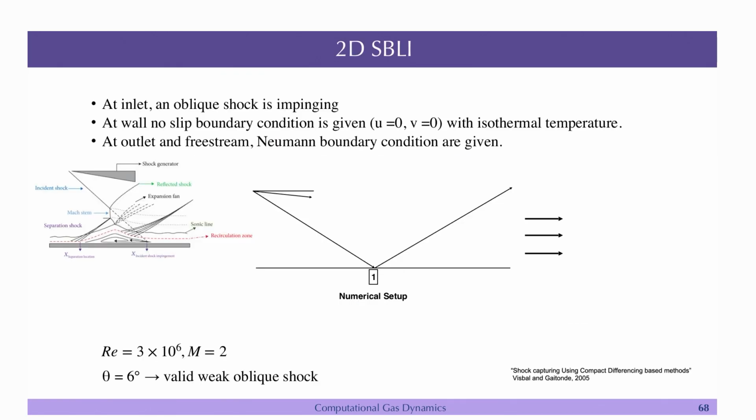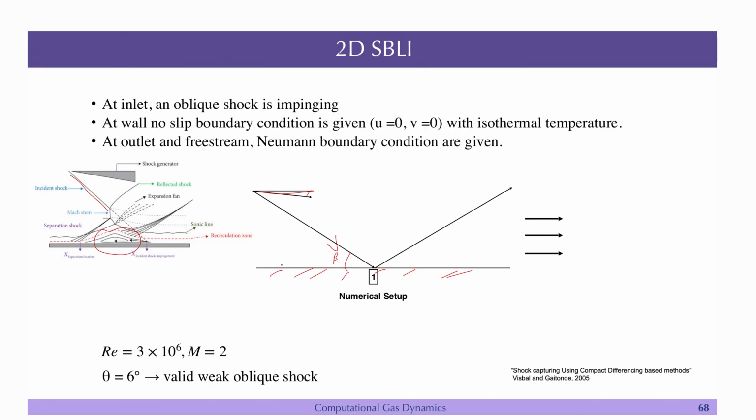This is the 2D SBLI example where I want to impinge a shock. There is a shock generator and the shock is impinging, and because of this a separation is forming, just what we discussed. So, how do you set it up? Let us say this is my plate, and then there is a shock generator which is creating a shock at a certain angle, whatever angle you have, let us say beta, and then it is getting reflected.